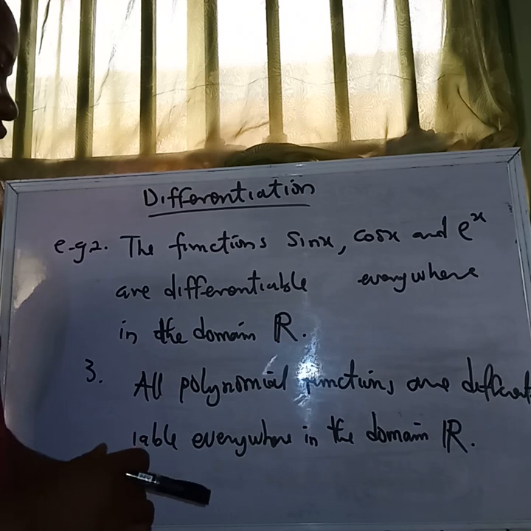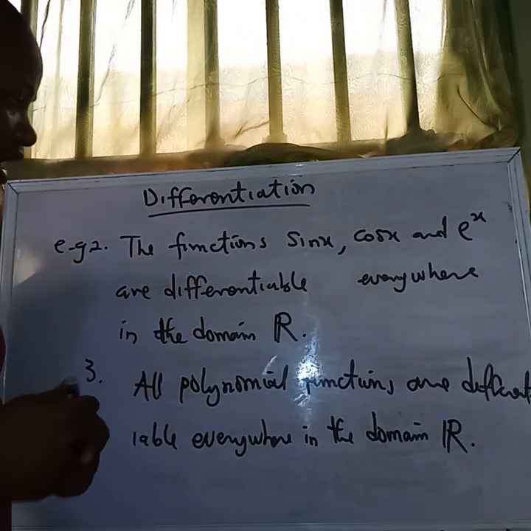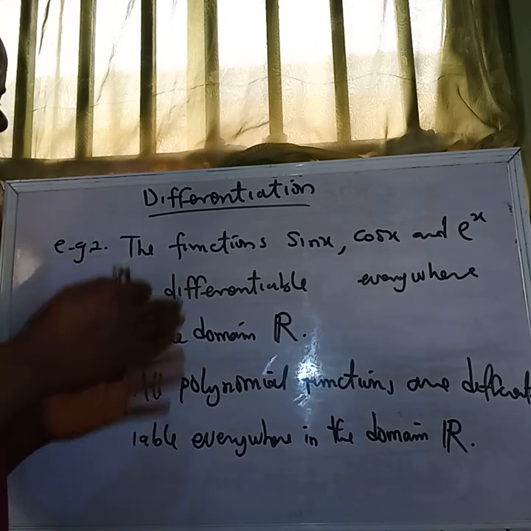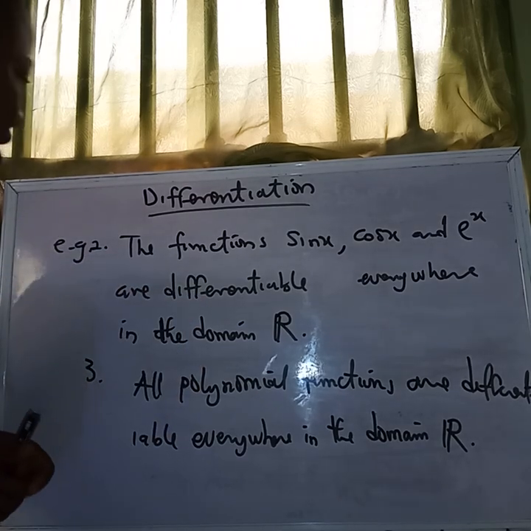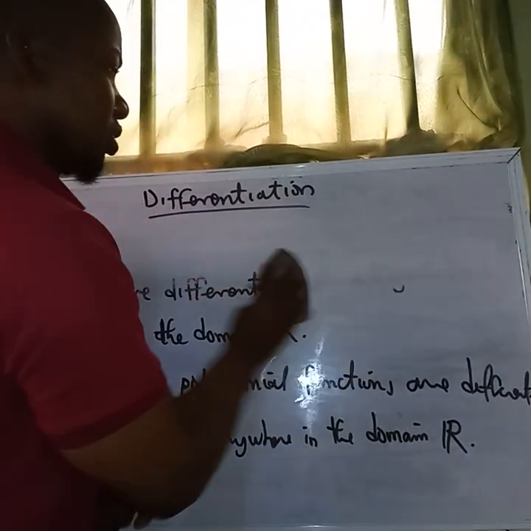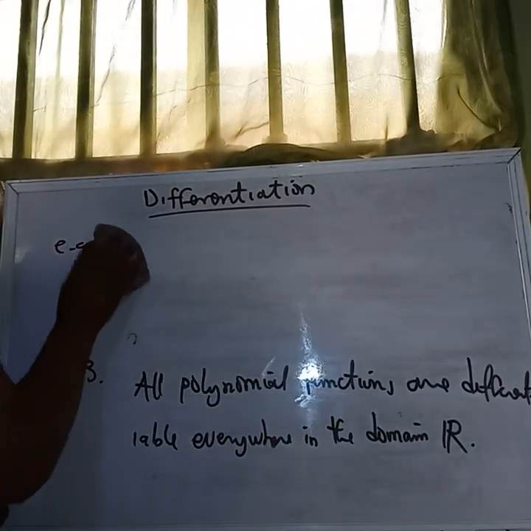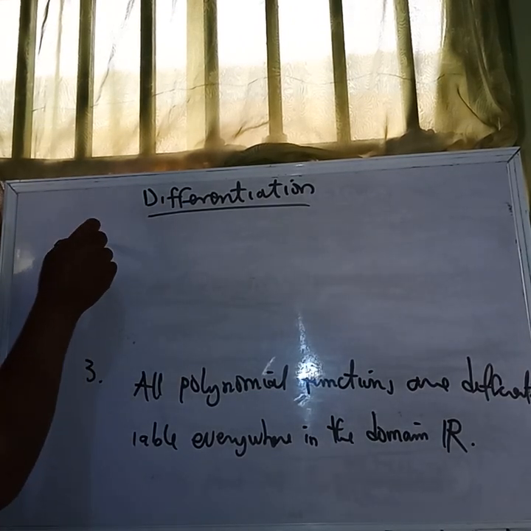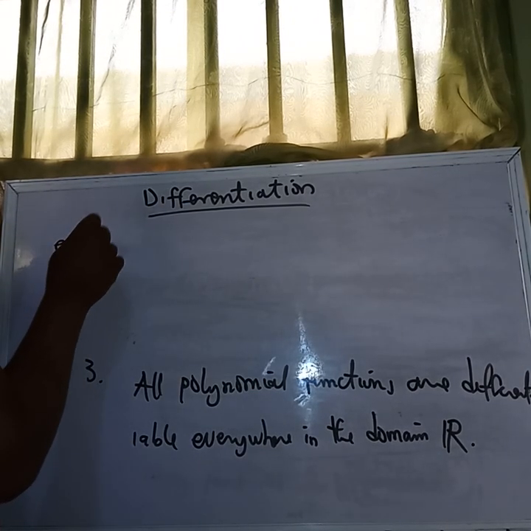So let's now look at some specific cases where functions are differentiable everywhere except at a point. Let's say example 4 now.